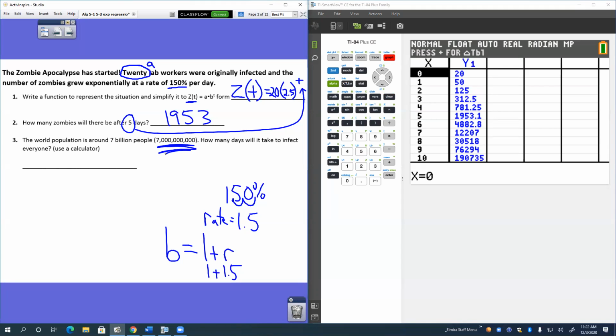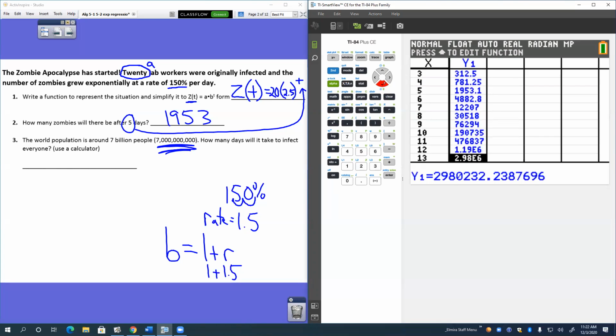So we have to keep on scrolling down until we reach 7 billion. Now you're going to notice that once we get to day 12, it puts it in scientific notation. That's why I tabbed over to my Y1 column so I can read the numbers at the bottom, because those are the actual numbers. They give you a lot more decimal places, and we need to tab down until we get to 7 billion people.